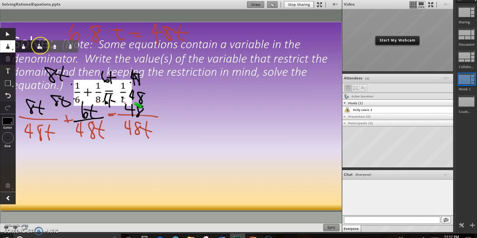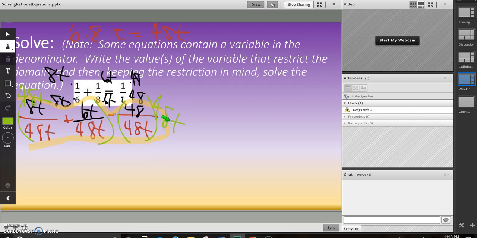So this 8t over 48t plus 6t over 48t equals 48 over 48t is our new fraction. If you don't go and multiply, you'll just get the original. What you need to do now is multiply everything by the denominator, 48t.